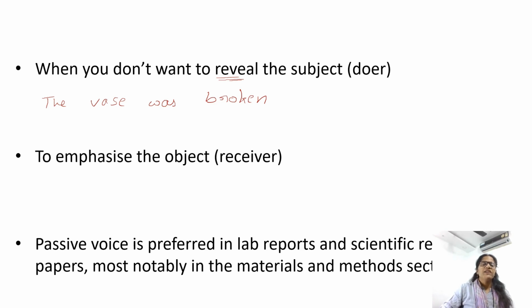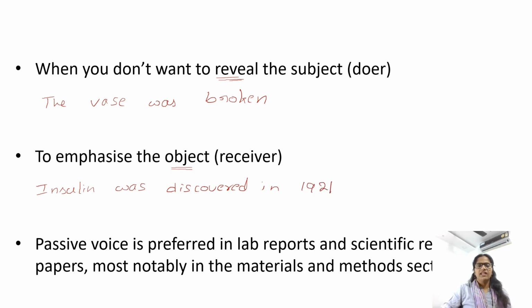And to emphasize the object, the receiver of the action, not the doer of the action. To give emphasis to the object or the receiver of the action, we use passive voice. For example, insulin was discovered in 1921.